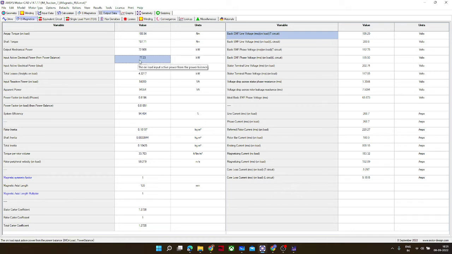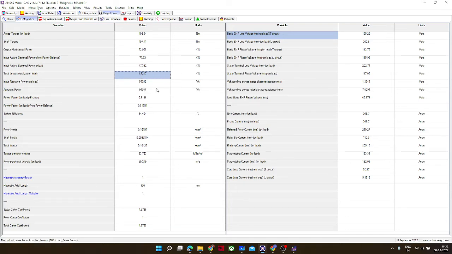So to calculate efficiency, we have to divide output mechanical power, that is 72.908, by input electrical power 77.23. So you will get an efficiency of 94%. Input reactive power provided is 54 kVAR. And total losses which are happening are approximately 4.3 kilowatt, right?